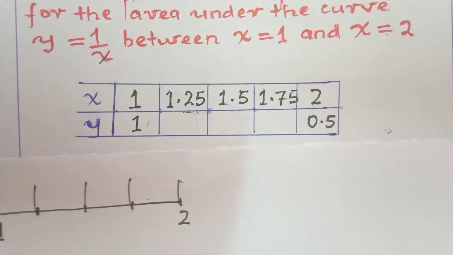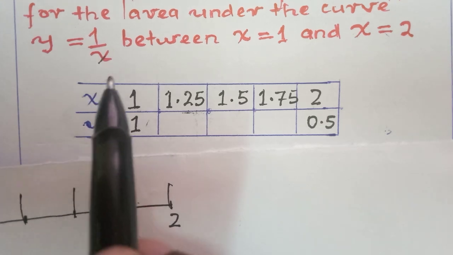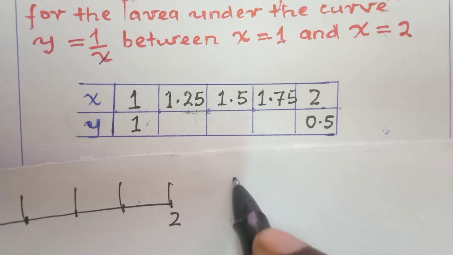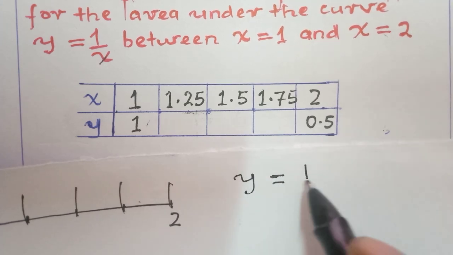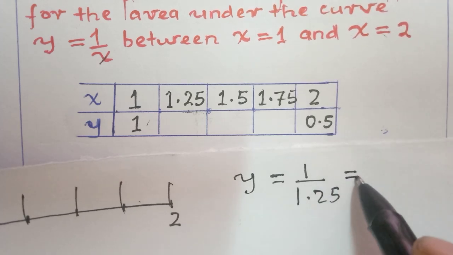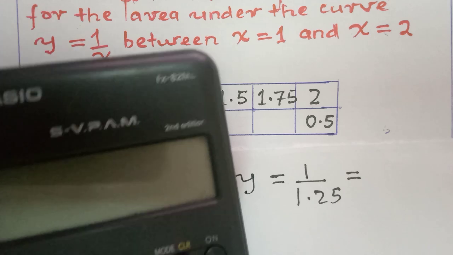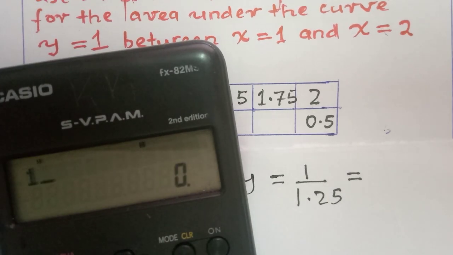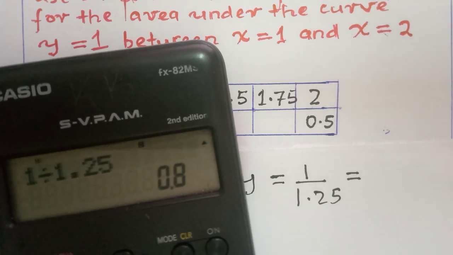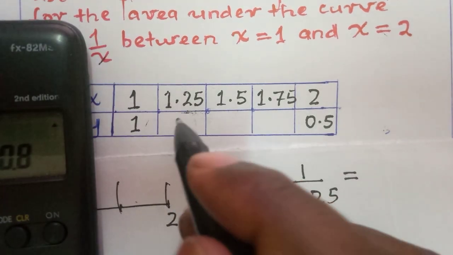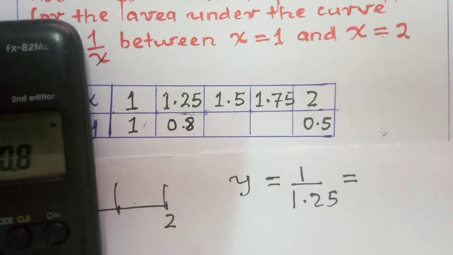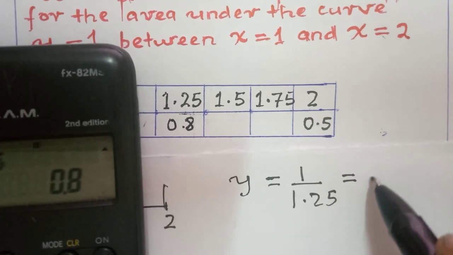And so guys, my work is now to find the value of y. The first case I have found, it's 1. The second case, y equals 1 all over x, where x is 1.25. I use a calculator: 1 divided by 1.25 equals 0.8.